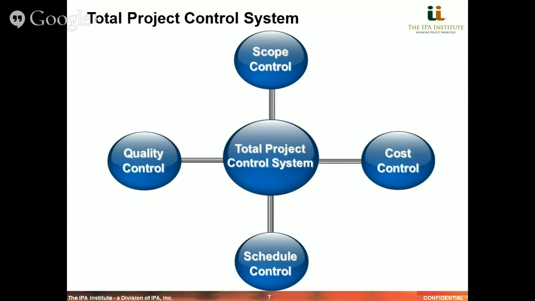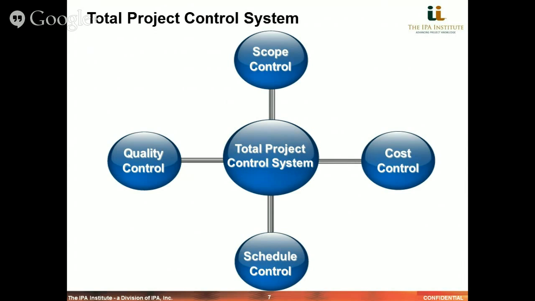An overall project control system, as this graph highlights, really involves several different spokes or elements. You have an overall scope control, which clearly is the most leveraging as you begin to experience scope creep. Obviously, that affects the other spokes.